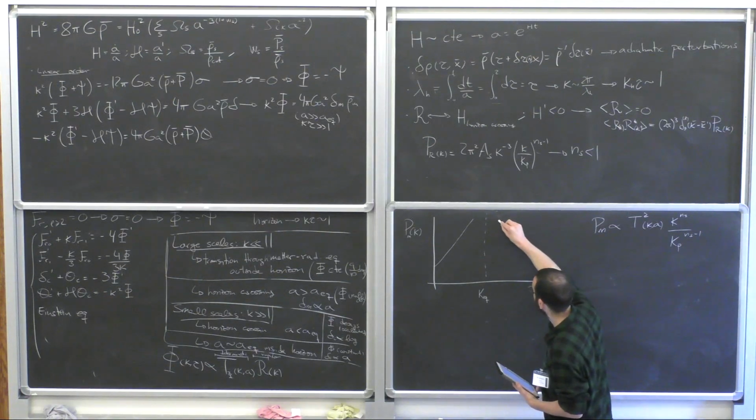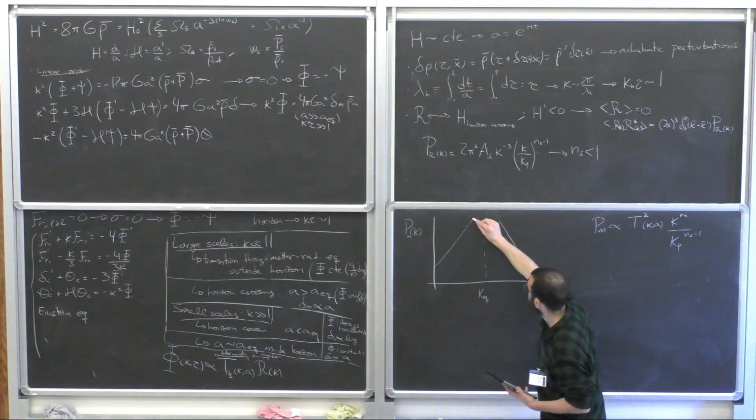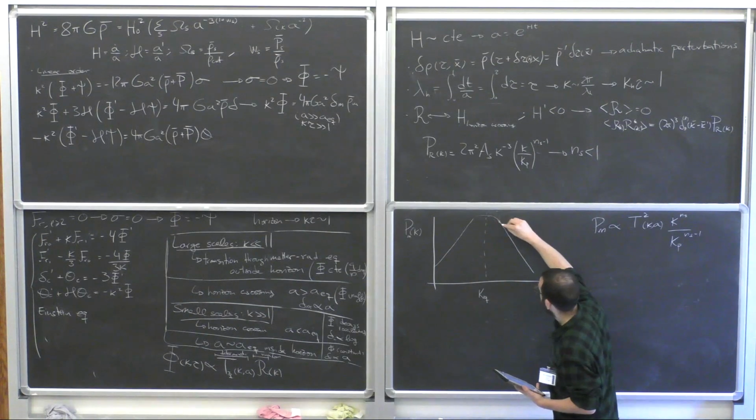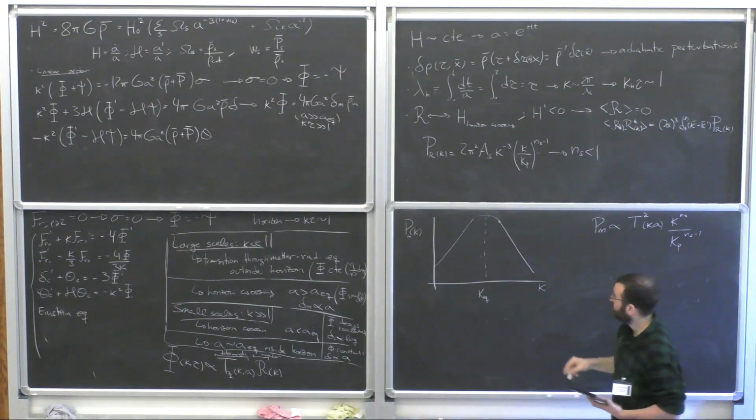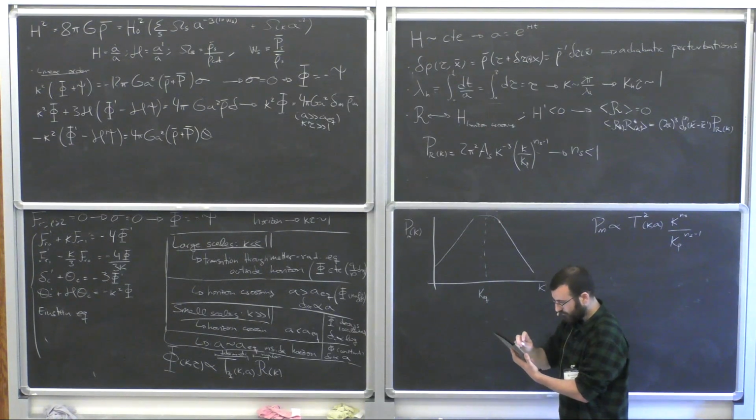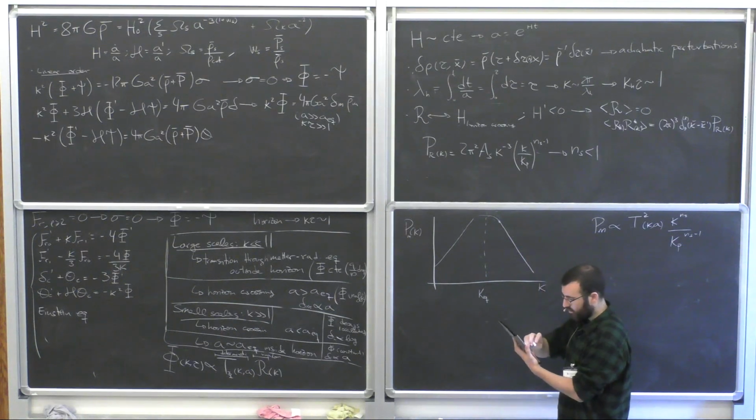Therefore, here you have some suppression that goes like this, and this is basically the connection between the two. So this gives us the relationship with matter radiation equality with this turnover.